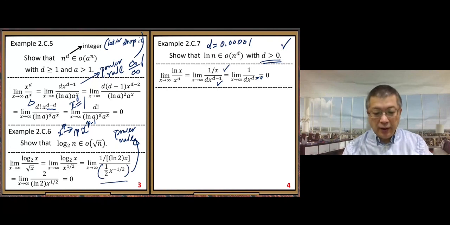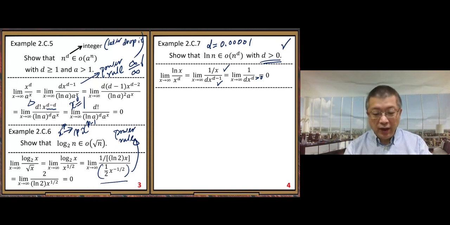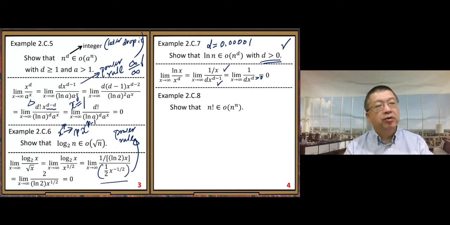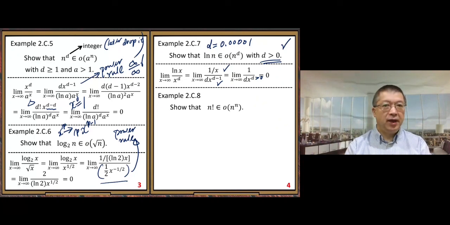All right. Question number 8. So this one is much harder. So for this one, we need to show n factorial belongs to little o of n to the nth power. N to the nth.